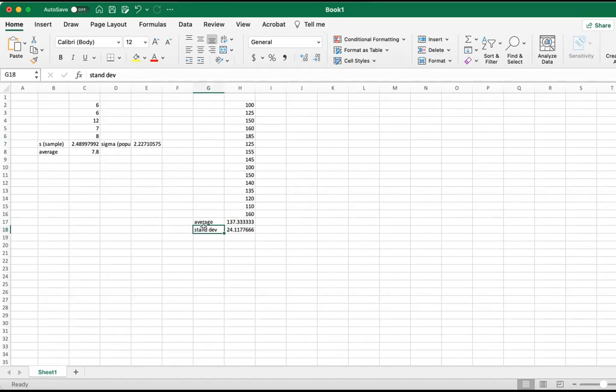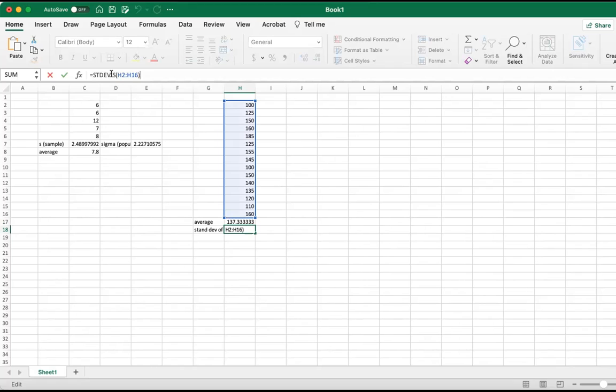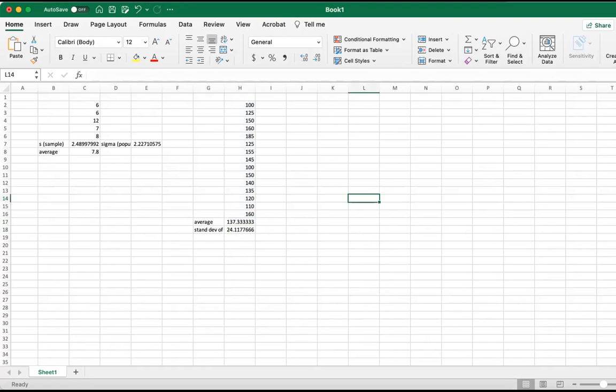Here for the standard deviation of the sample, again we write standard deviation and formulas pop up, if you can see. You choose .s because it's of the sample, not the population, and you auto scroll and hit enter.